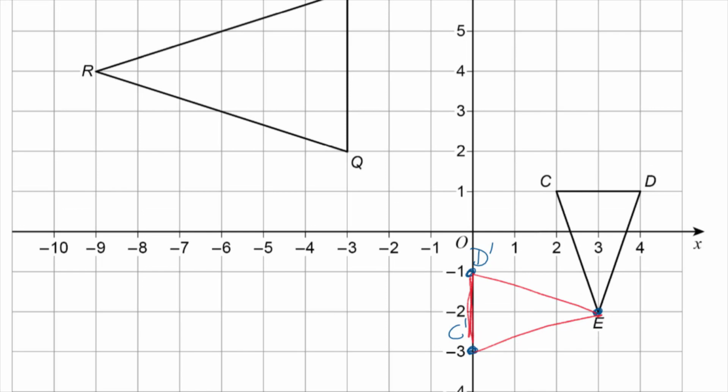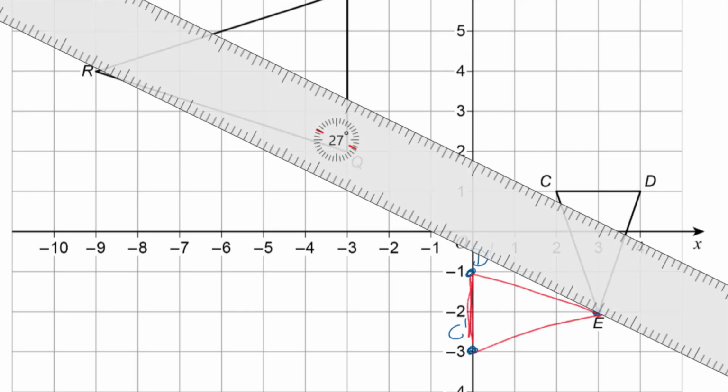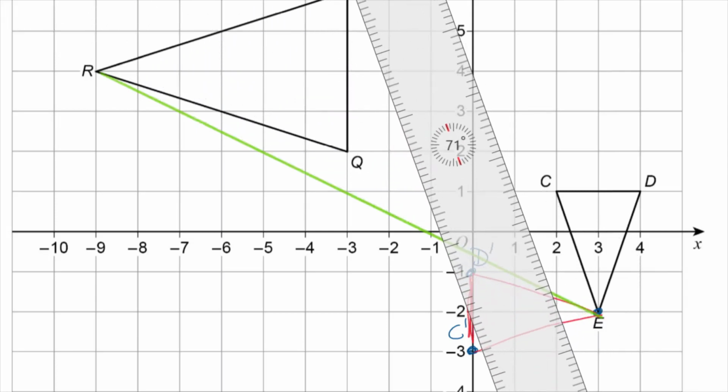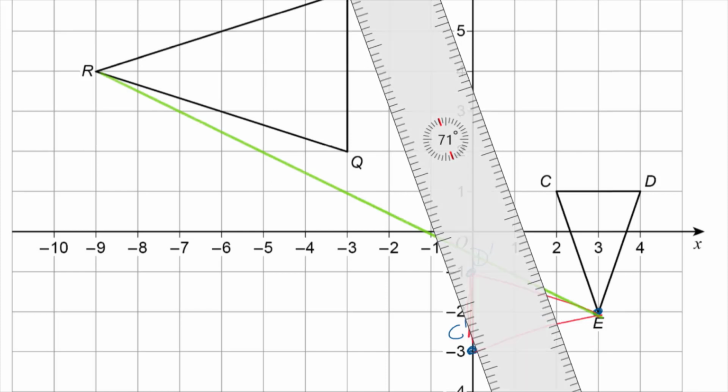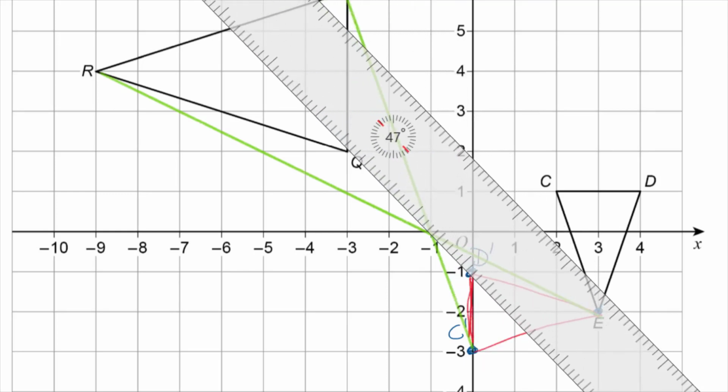So what sort of enlargement is that? Well, let's put ray lines on. Okay, so joining those points together, we're just matching pairs of points on the object and image together. We should find that they meet in one place, which they do.